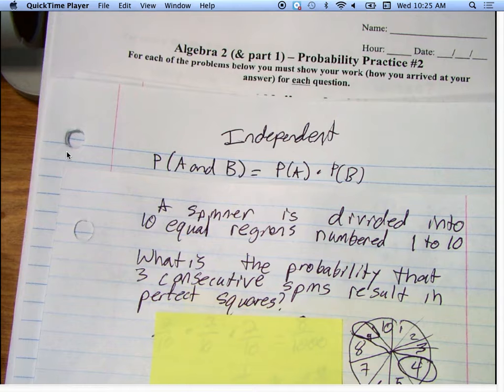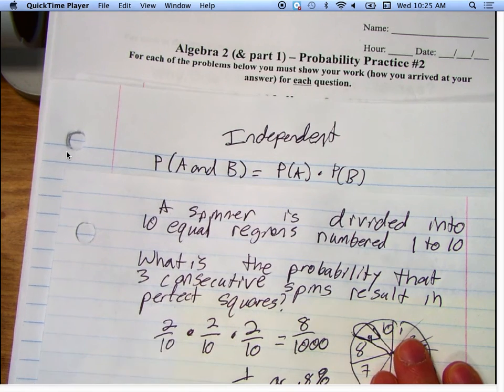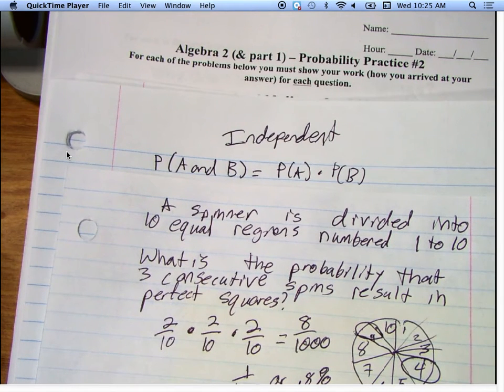Okay, so remember we have to multiply things together. So how many numbers are a perfect square out of 1 through 10? Just 4 and 9. Okay, so that's 2 out of 10. But I want it 3 times. So that's 2 over 10 times 2 over 10 times 2 over 10.